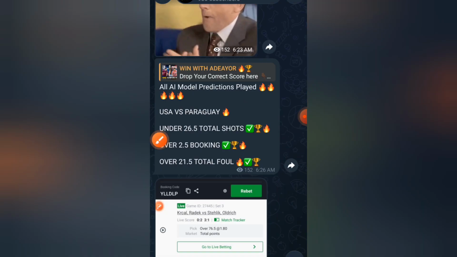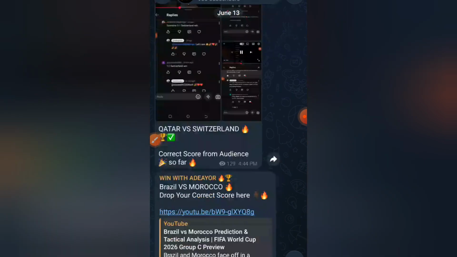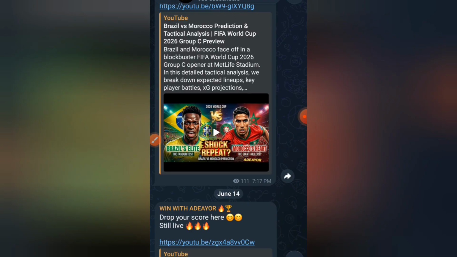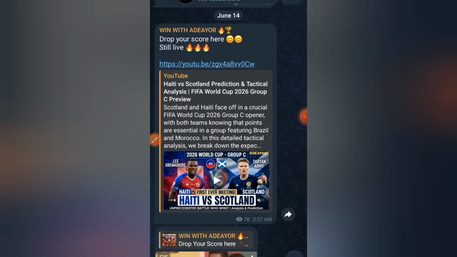So this particular update is what I'll just give you guys on most of these games, whenever we predict our games on these international cups. Someone texted me around midnight that he played the over 2.5 booking in the midnight match, that is Australia against Turkey.